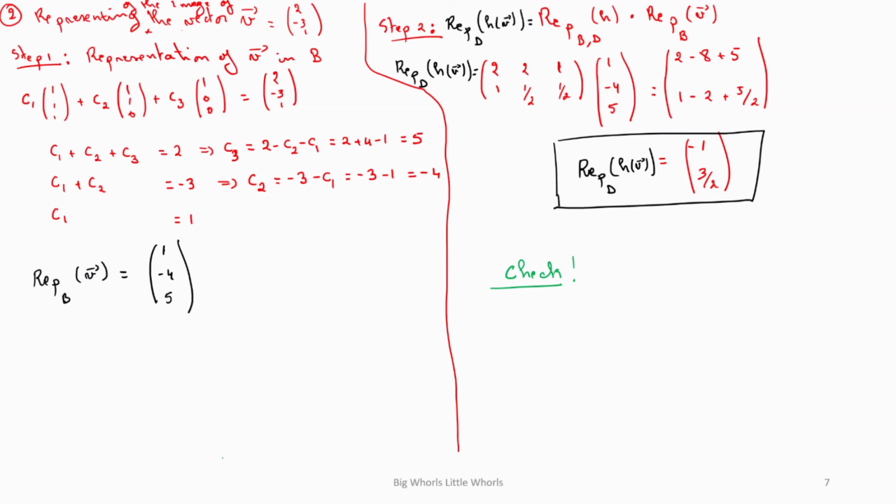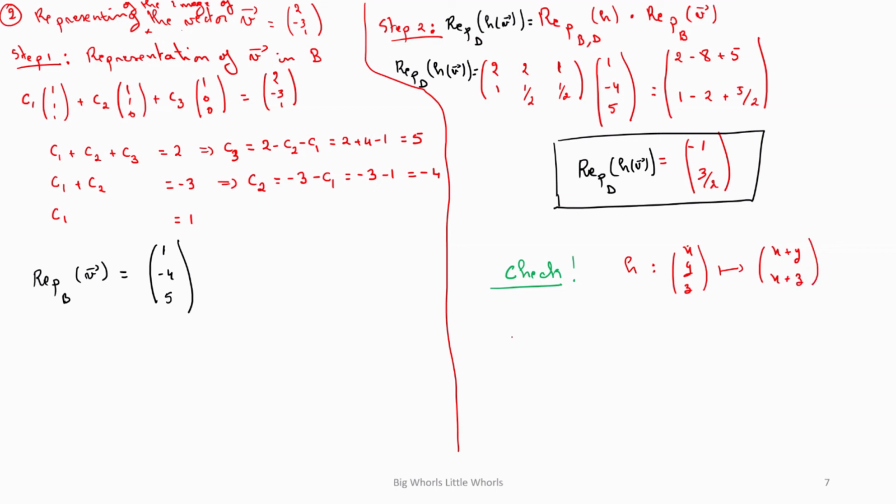Okay, so here we have our h. The h was defined as it takes x, y, z, and it associates x plus y and x plus z.